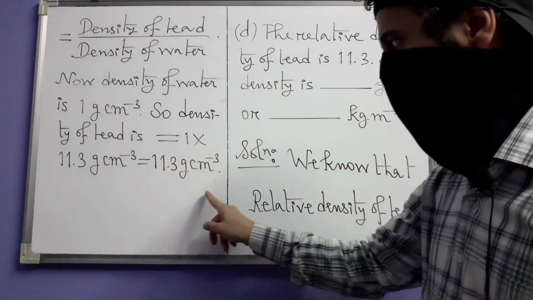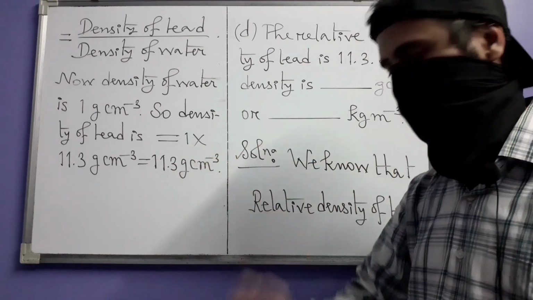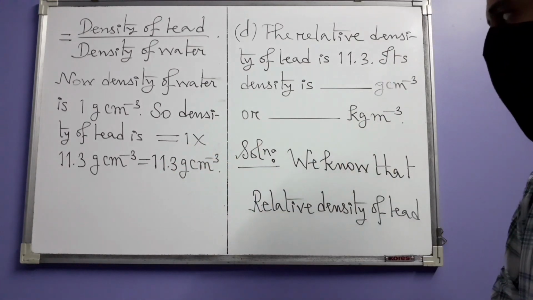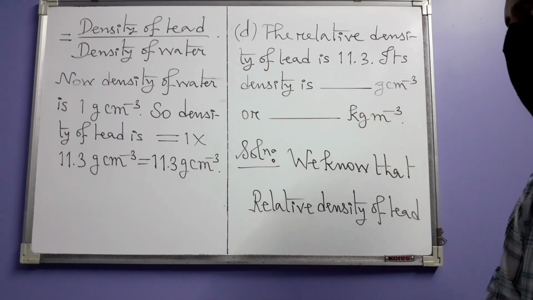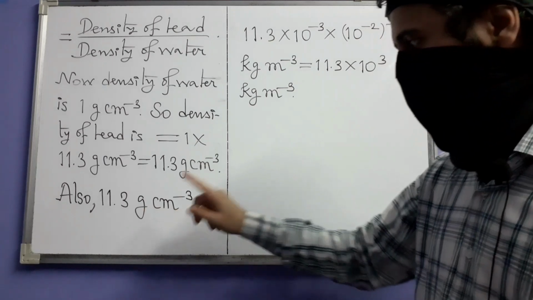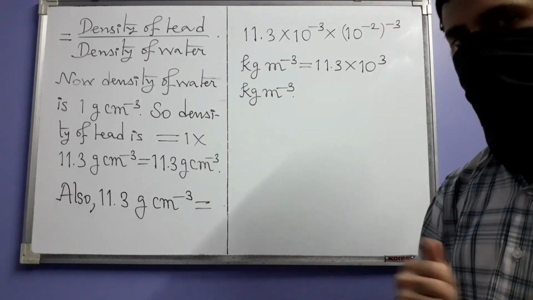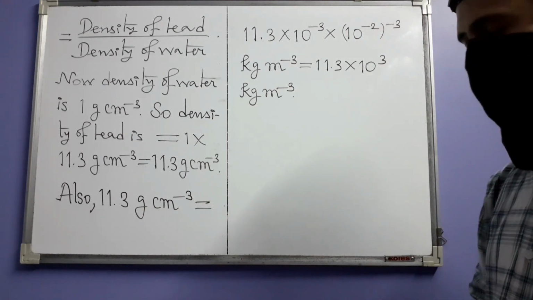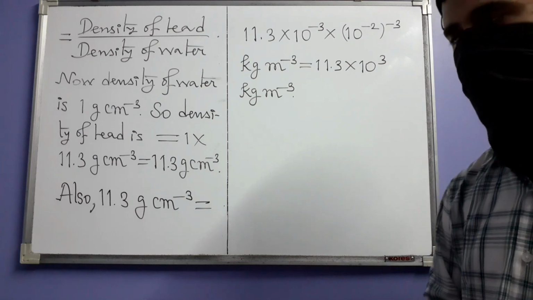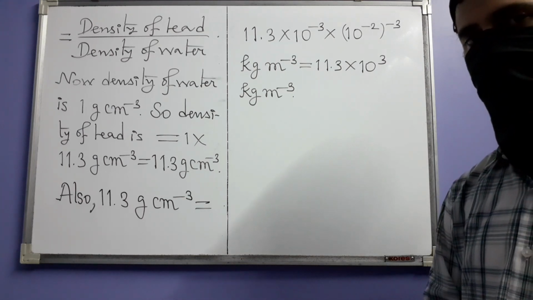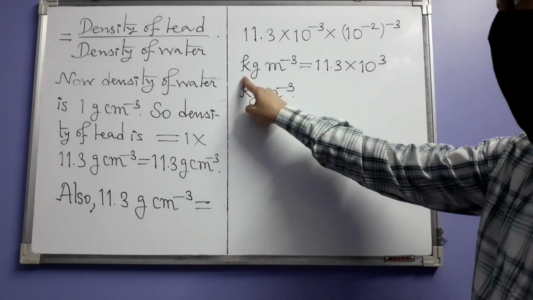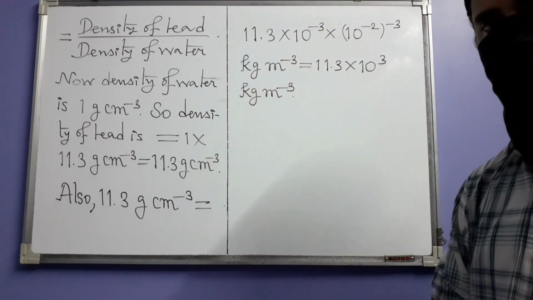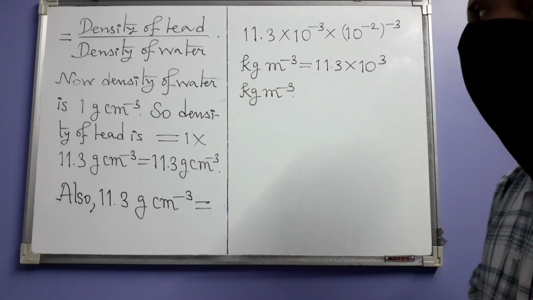So density of lead in gram per cubic centimeter becomes 11.3, but we want it in kilogram per cubic meter as well. To convert this value to kilogram per cubic meter, what should we do? We convert gram to kilogram. 1000 grams equal 1 kilogram. So in place of g, if we write kg, we have to divide by 1000 because this is the bigger unit.